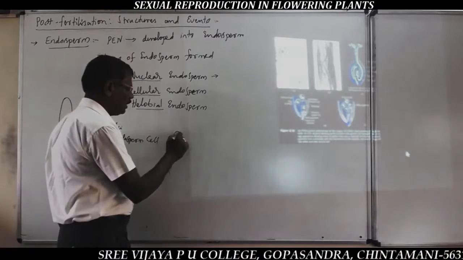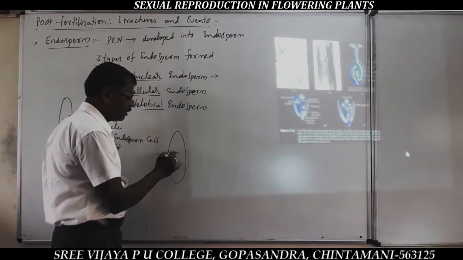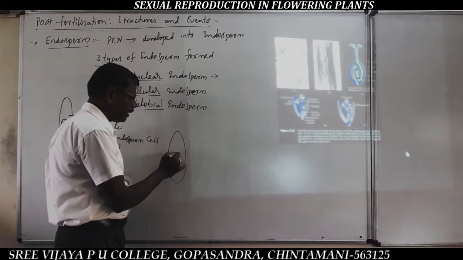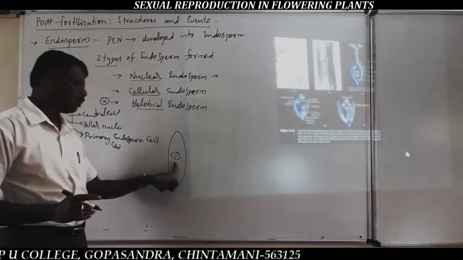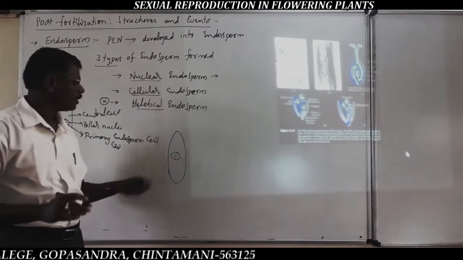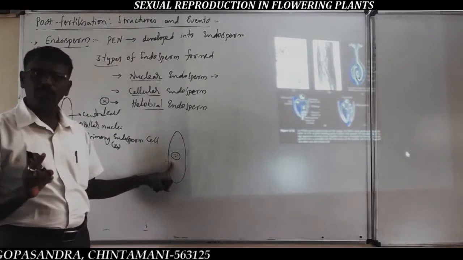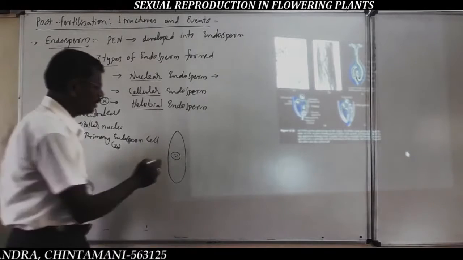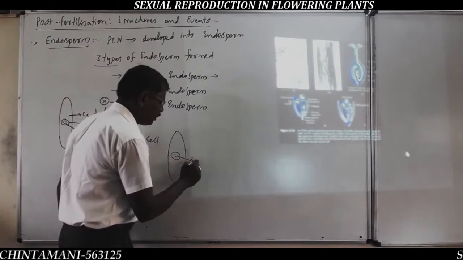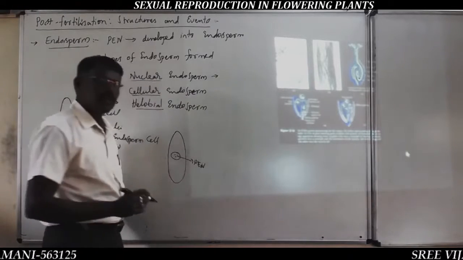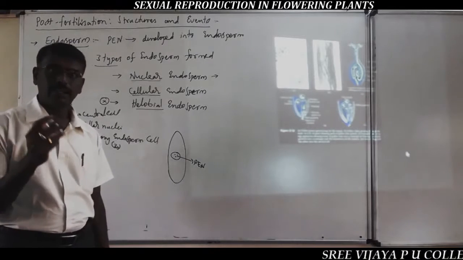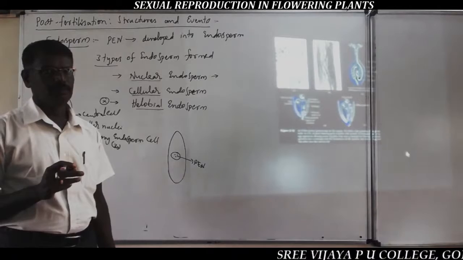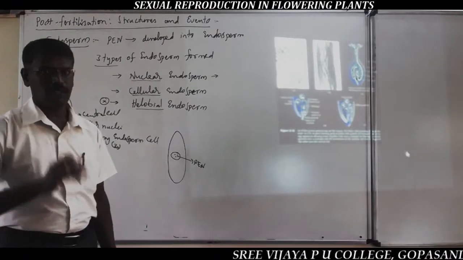In the embryo sac, the triploid primary endosperm nucleus, the PEN, divides, but it is not followed by a cross wall.